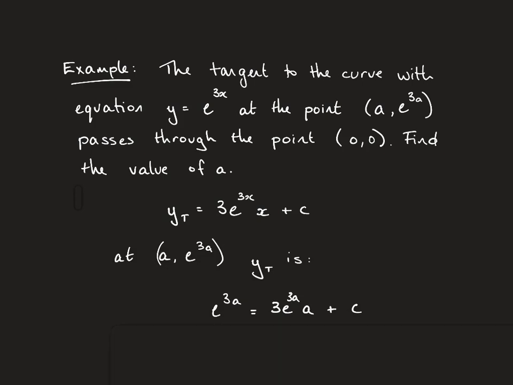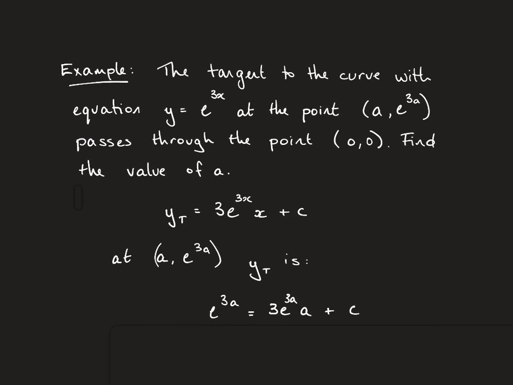If the y value is e to the 3a, we put this value in here, and we put the a value in for our x, this is the equation that we get. And you can see here we've still got the plus c from the equation.